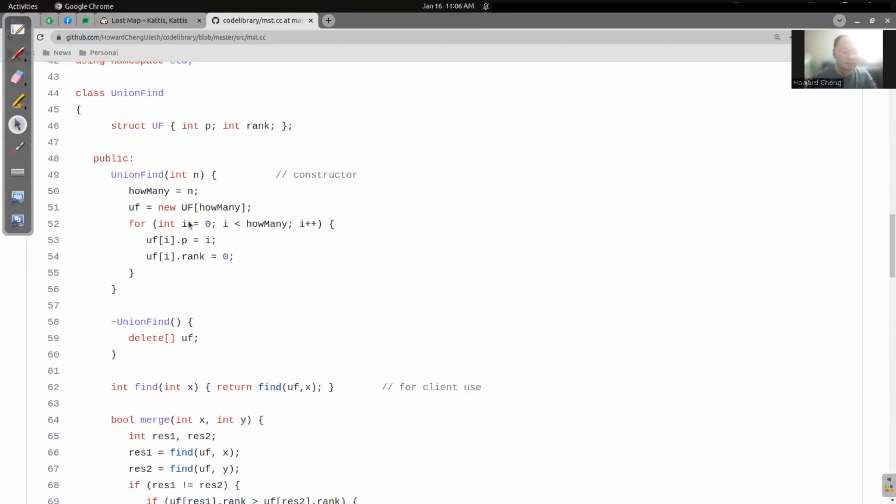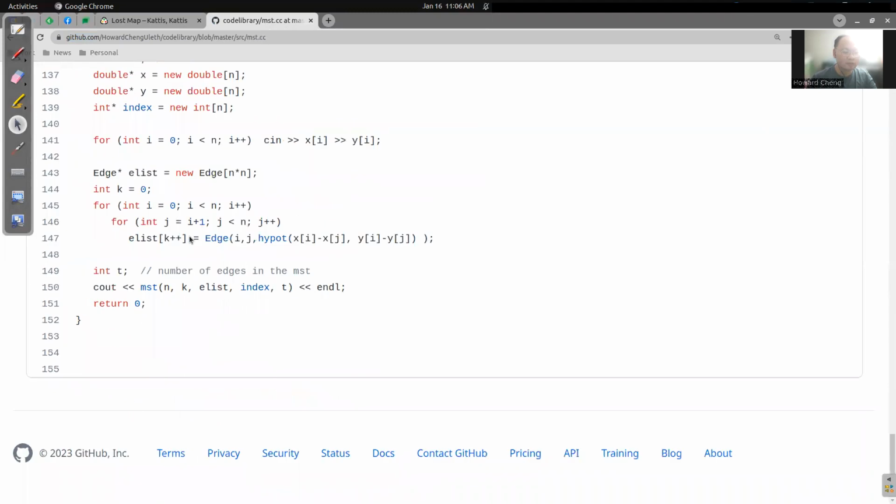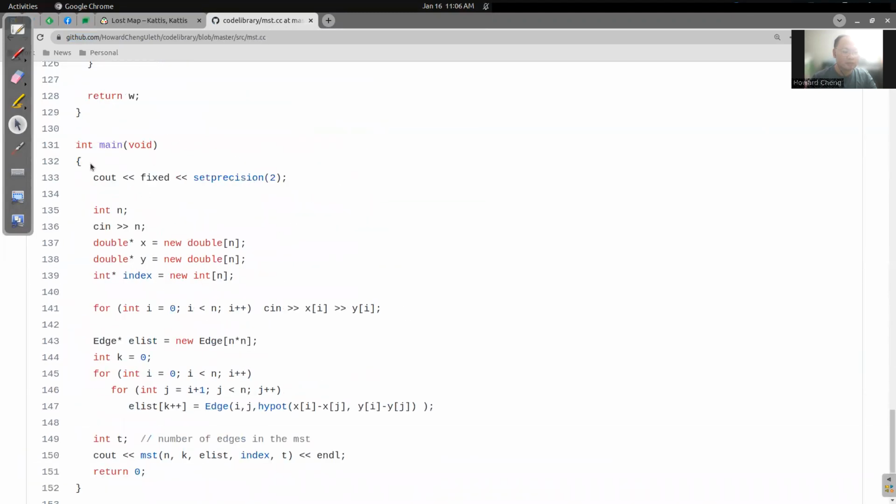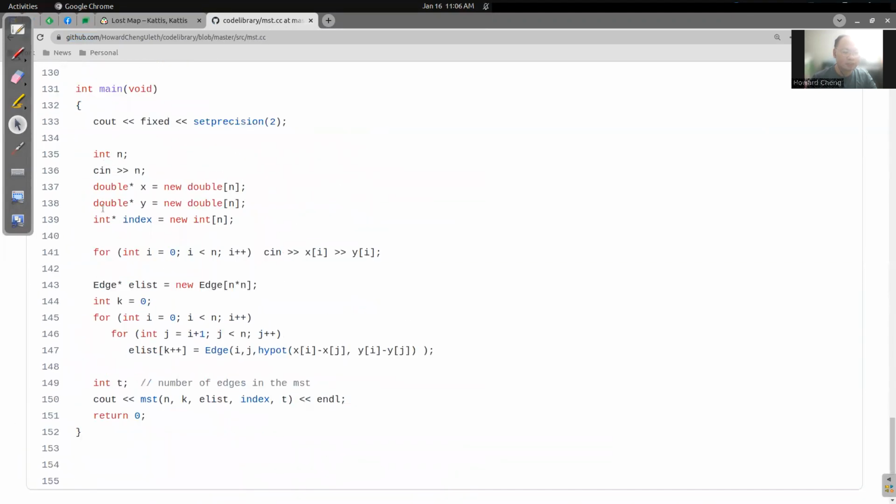There's a bunch of stuff involved, but there's an example code on how to use it. Of course, the example code is not exactly what you need, but it's almost the same, because in this example you have a bunch of points in two-dimensional space, and the distance is the pairwise distance of every possible pair.